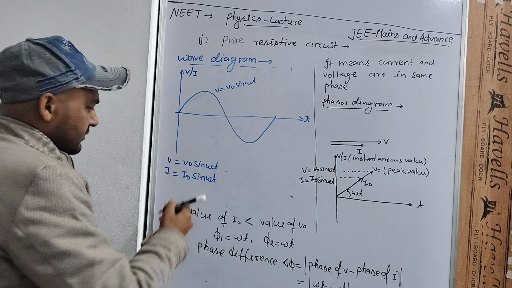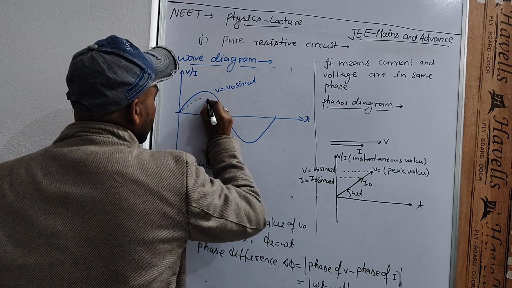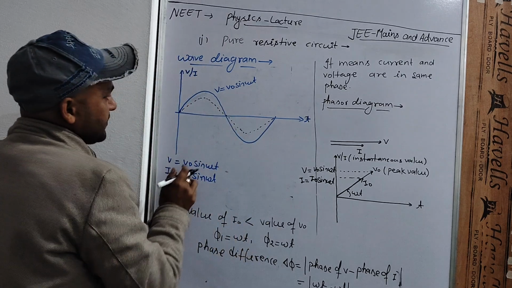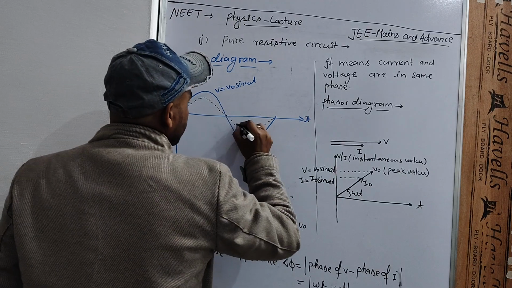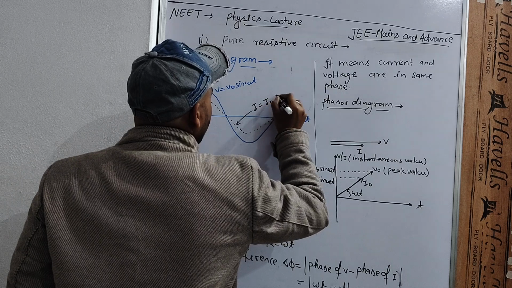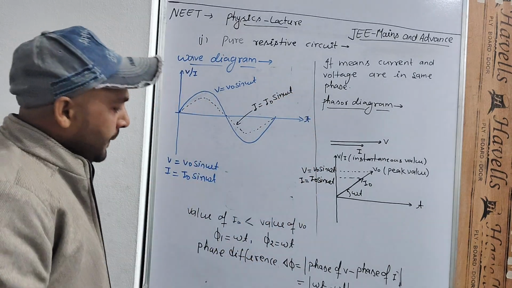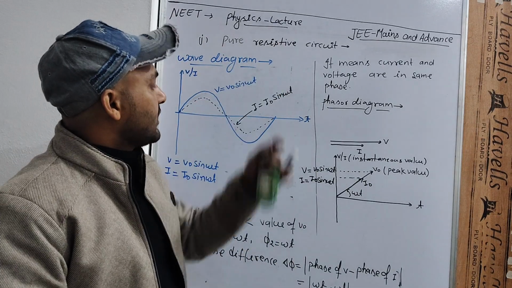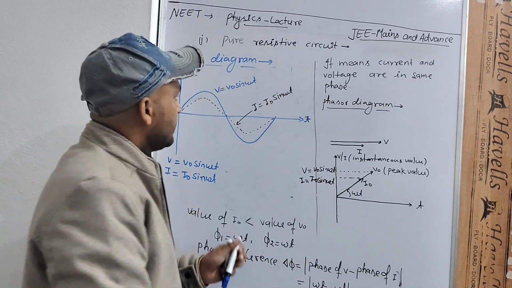Then the graph for instantaneous current will be drawn as having same phase, but the value of I naught is less than V naught. So this graph is for instantaneous current I naught sin omega t. We always remember in pure resistive circuit, the voltage and current both are always in same phase.